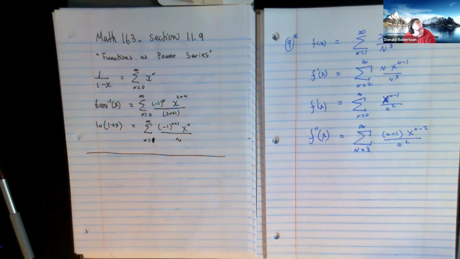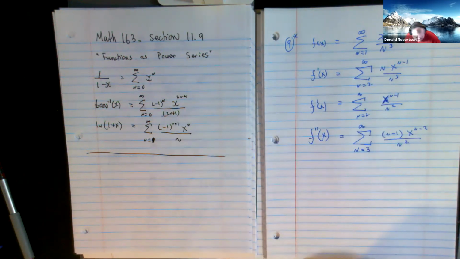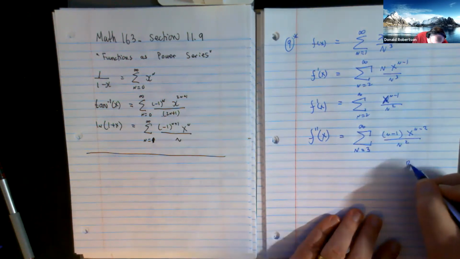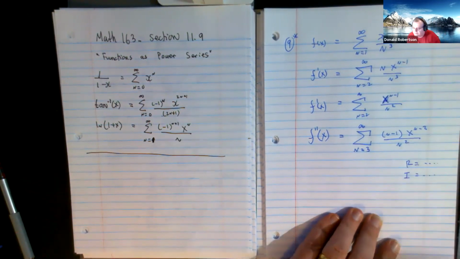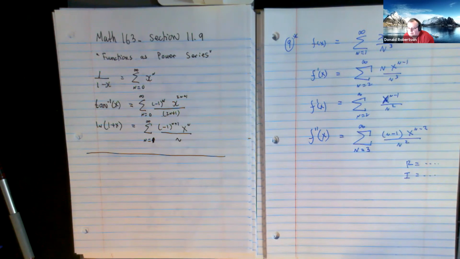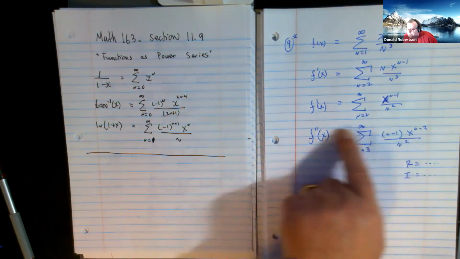Now, in all of these particular kinds of questions, you're being asked to find either the radius of convergence or the interval of convergence, in many of them at least. So that's the bit that I've kind of skipped. So I think let's do it for that one, right?